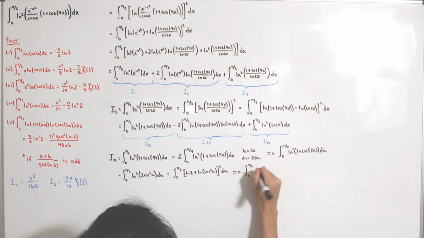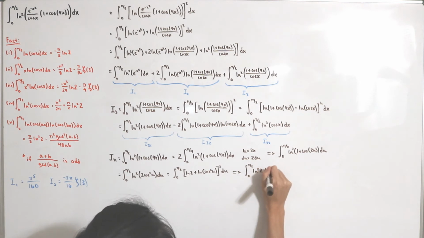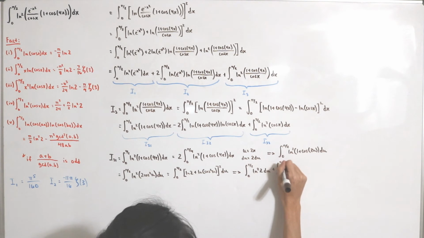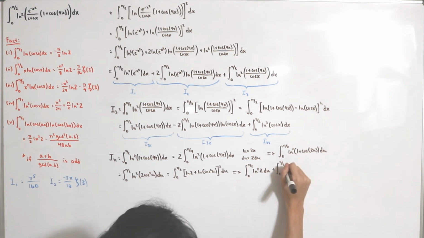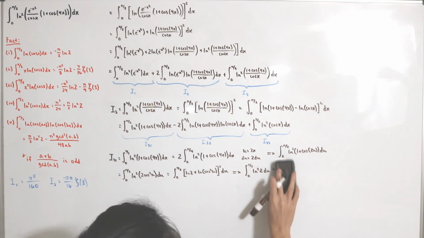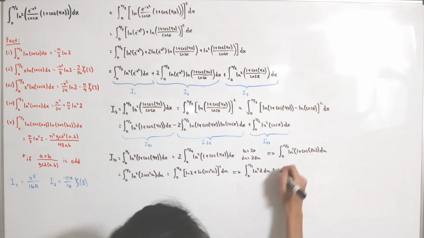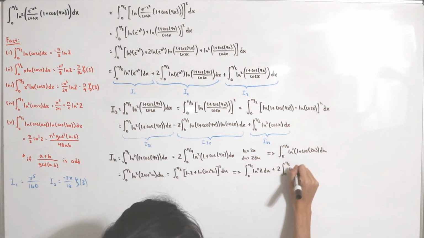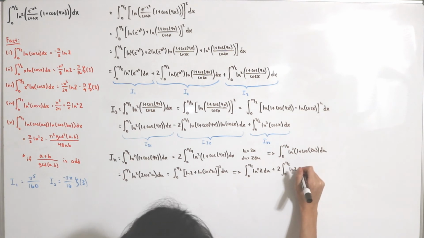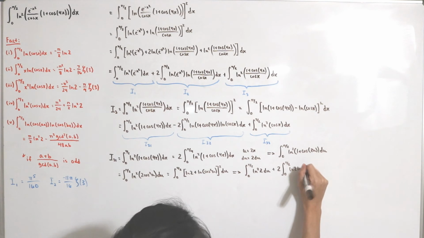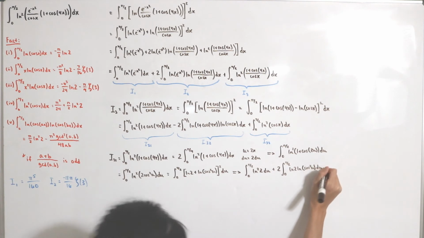This is the integral of ln square of 2 du, plus the integral from 0 to pi over 2 of 2 times ln of 2 times ln of cosine square u du.